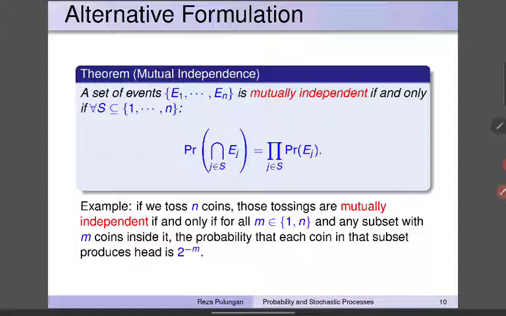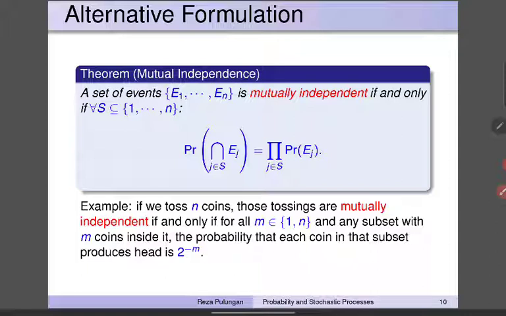A set of events E1 until En is mutually independent if and only if for all subsets S of 1 until n, so right now you don't have to take out the i, just take any subset that is possible from 1 until n, then the probability of the intersection of Ej, j inside of S, must be equal to the product of all the probabilities of events Ej, j inside of S. So this is also the generalization of the alternative formulation that we have seen before.